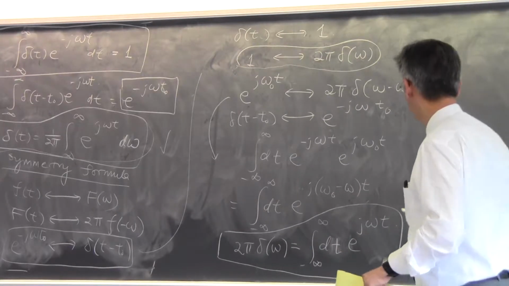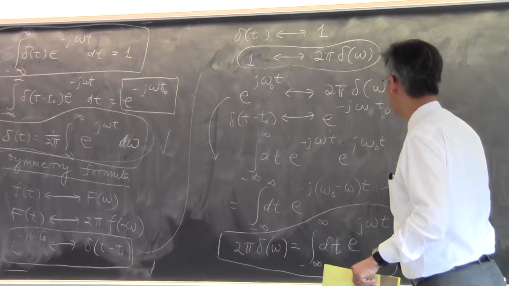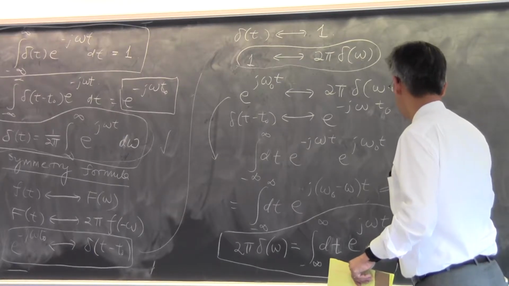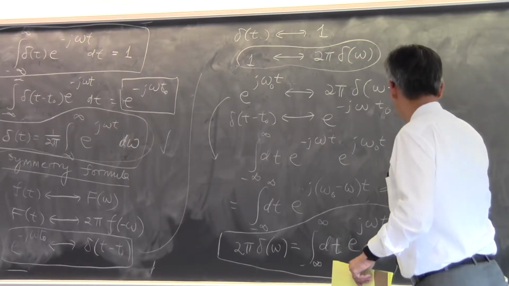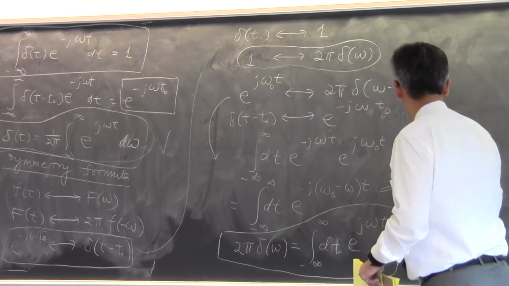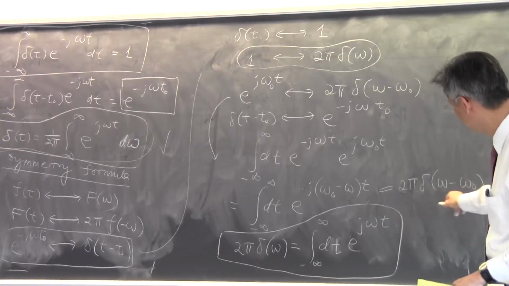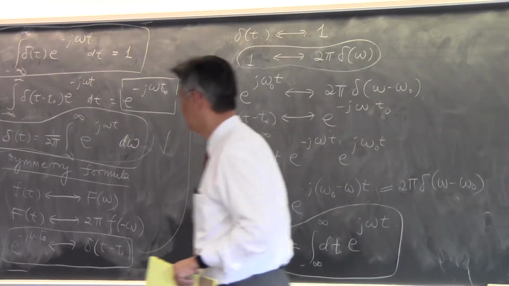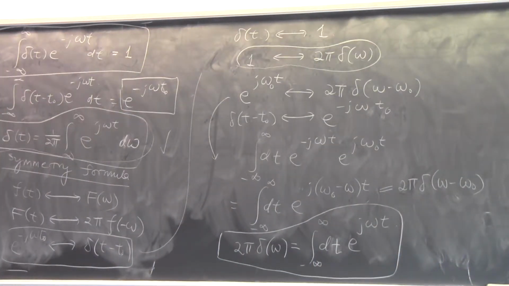So this tells me that this must Fourier transform to 2 pi delta omega minus omega naught. This is an even function, so it doesn't matter which argument it goes to.